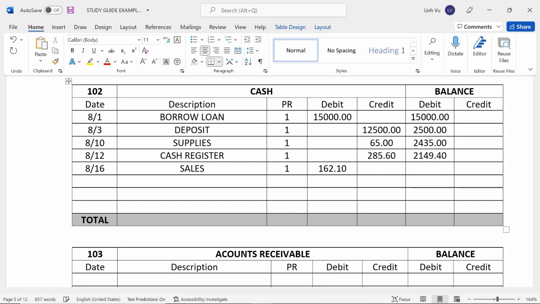Which will increase my balance because I earned money. And I'll get a grand total of $2,311.50. I increased my sales.